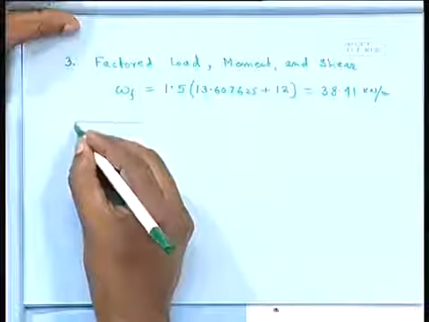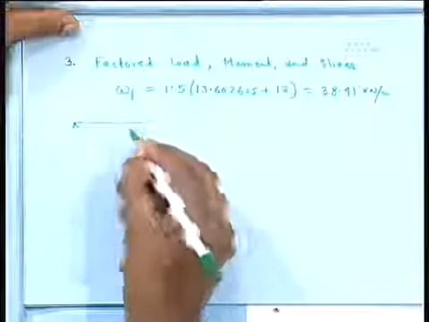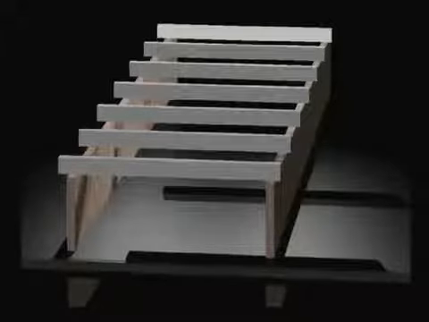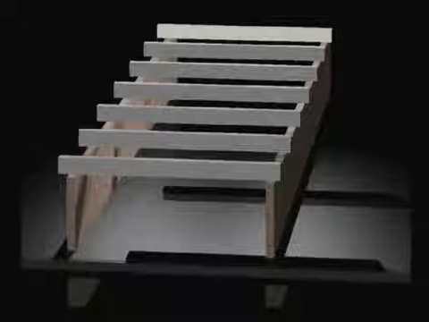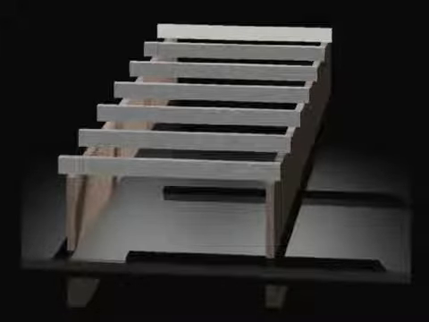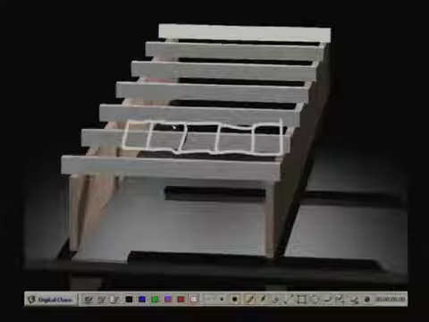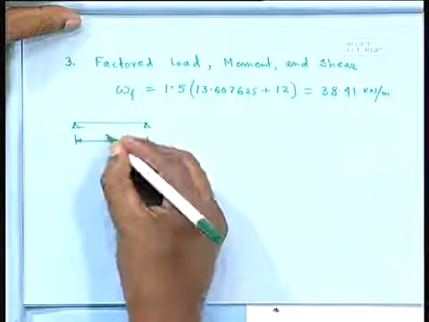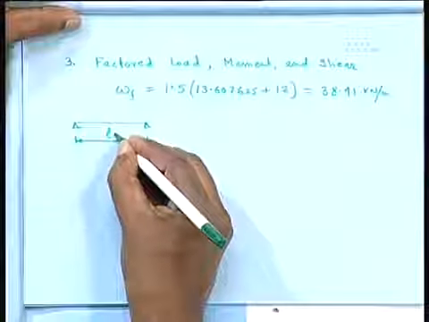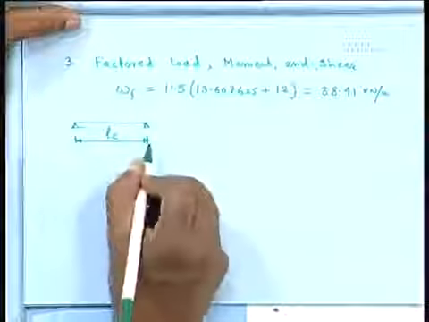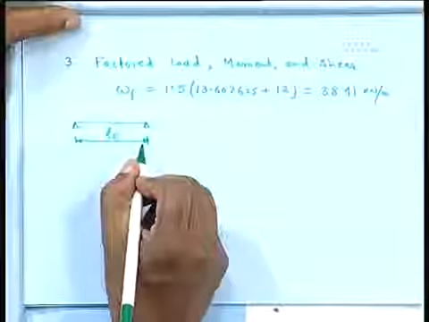So, we can take the moment at the mid span, and we need the effective span. Instead of taking this one, we call it the effective span. What is that one?